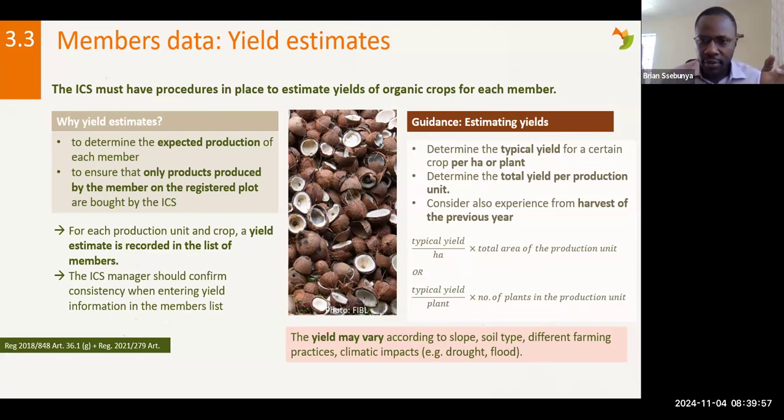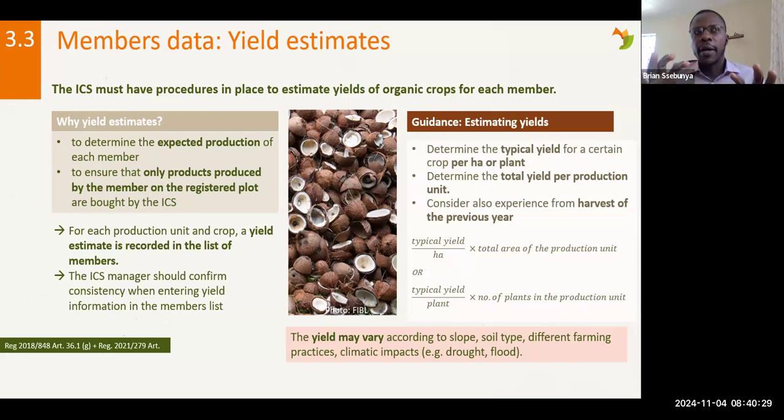The reason is obvious. We don't want cross-contamination, or that will be parallel production, which I think you all know. Parallel production is not allowed, even in the old standard. Because again, how do you know by looking at the pineapple that this one came from the organic and this one came from the conventional? It's very hard. And if you have a farmer who is not decent enough, they can defraud the system.